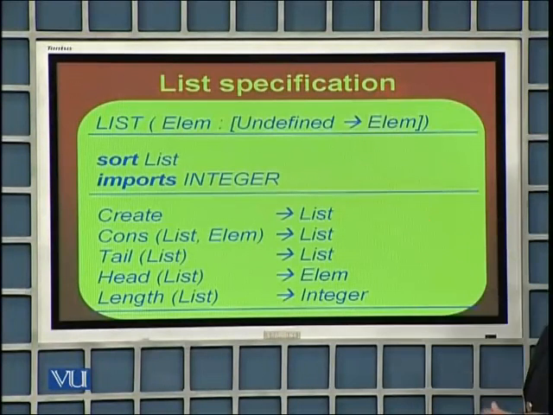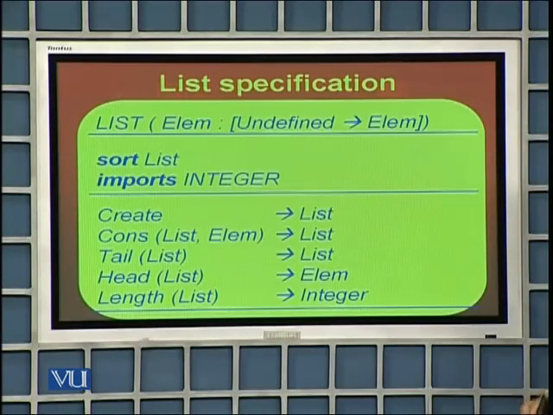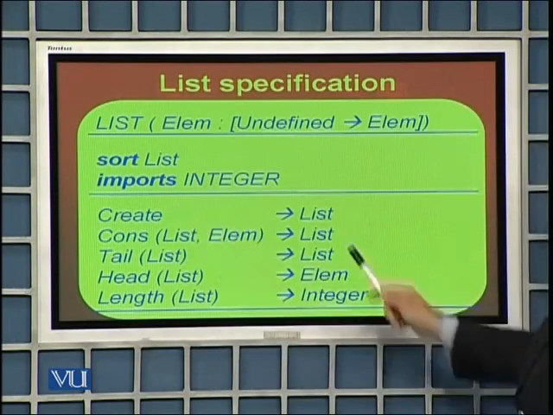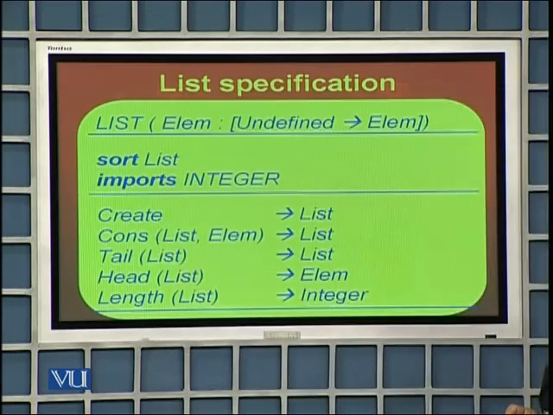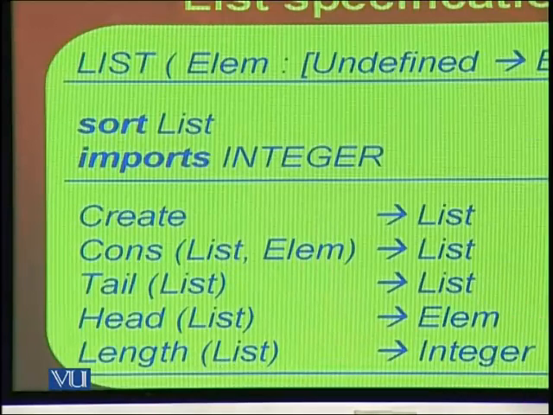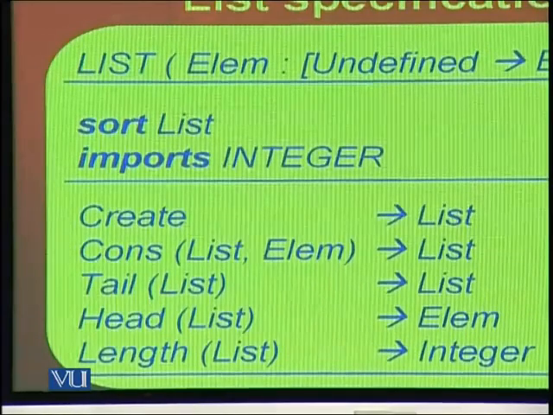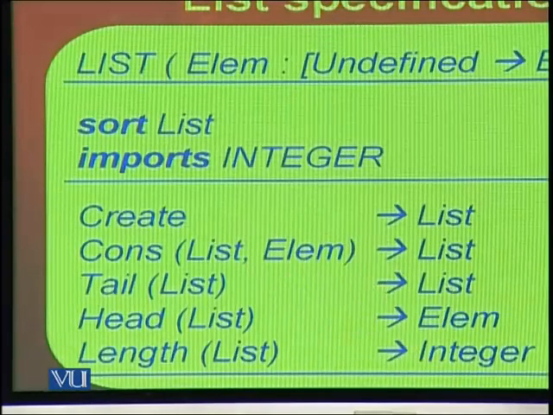Once again, the first two introduction parts. Here are the functions, or the signature. Once again, we have create, which creates a list. Then we have the cons function. This cons function is used to create a list. What it does is that you take the list and you add an element to that list. It gives you a new list, and cons adds this element to the end of the list, so it adds an element to the tail.